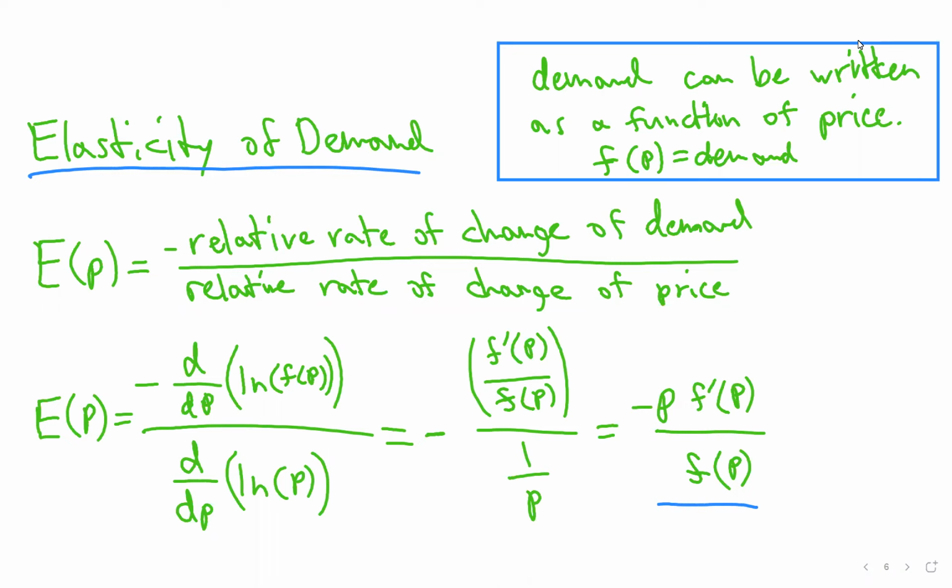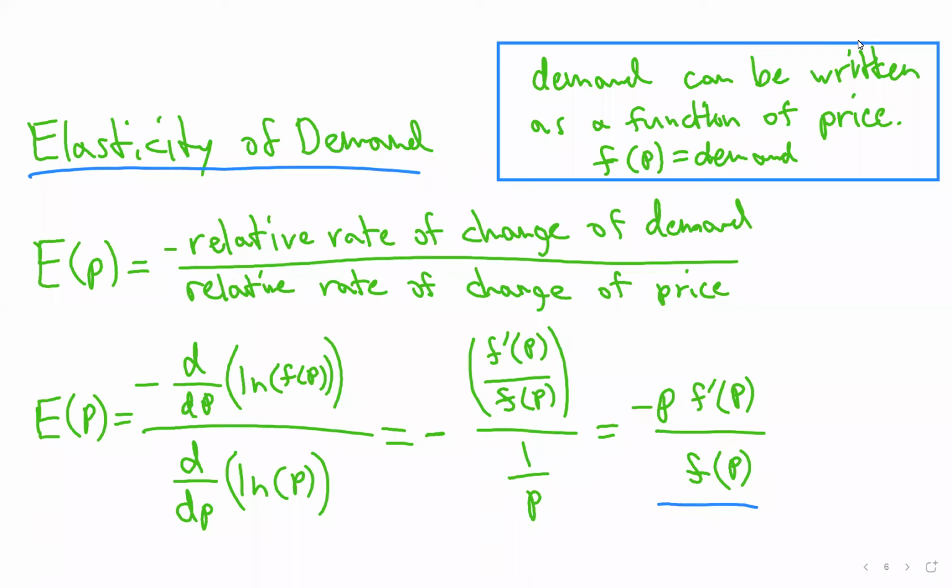But we can think first off that demand can be rewritten as a function of price, or f of p equals demand. Usually you're given some relation between demand and price in order to find a relative rate of change of demand with regards to a price point.